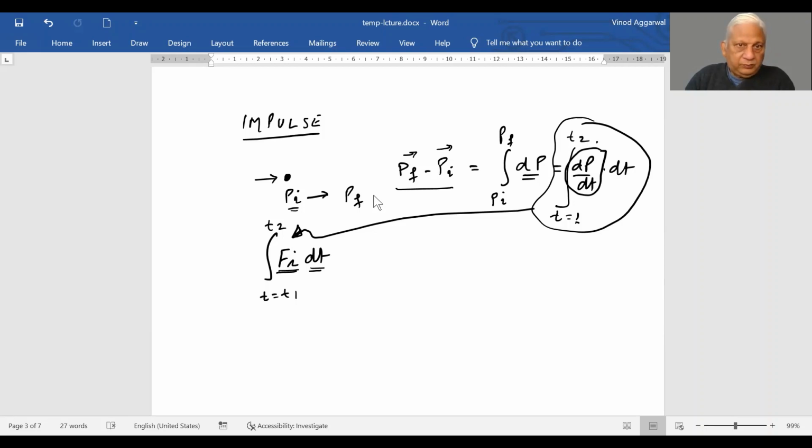Now, this term we call impulse. Impulse is force applied for a very short duration.